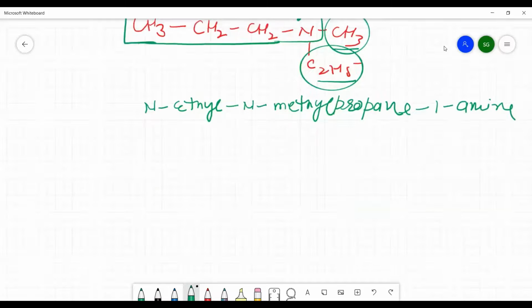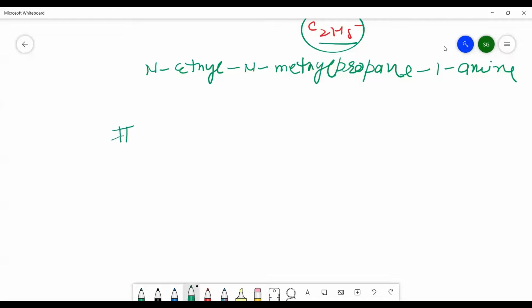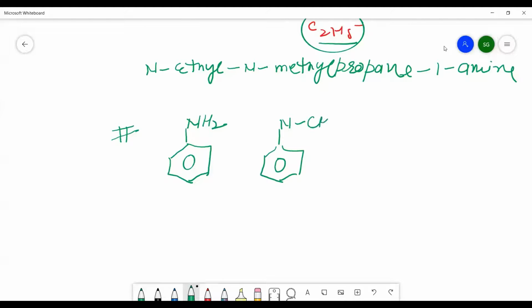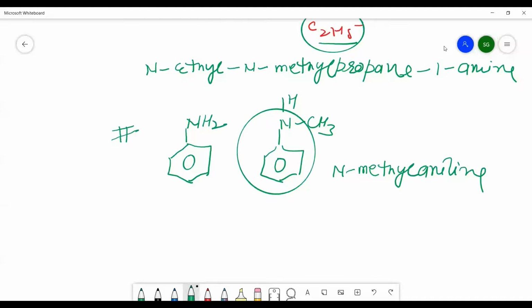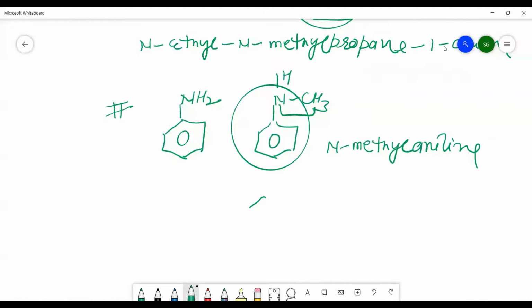Okay. Now, suppose another compound we will take, you are having the aniline, and if on the nitrogen one position is occupied by CH3, it will become N-methyl aniline, because aniline is there. One position is occupied by the CH3, so it is N-methyl aniline.